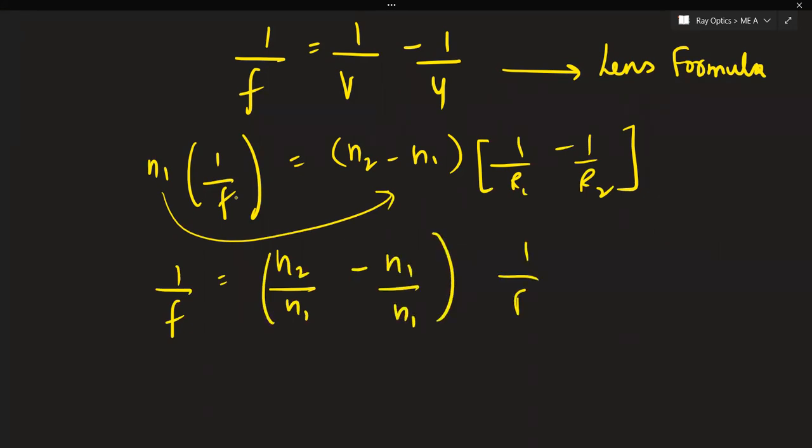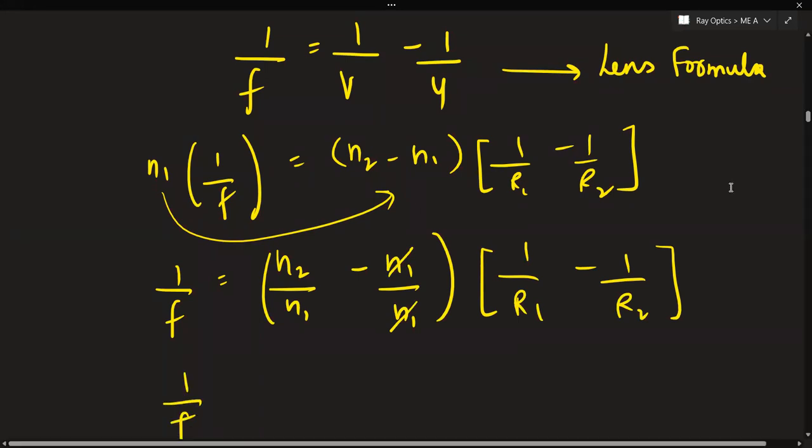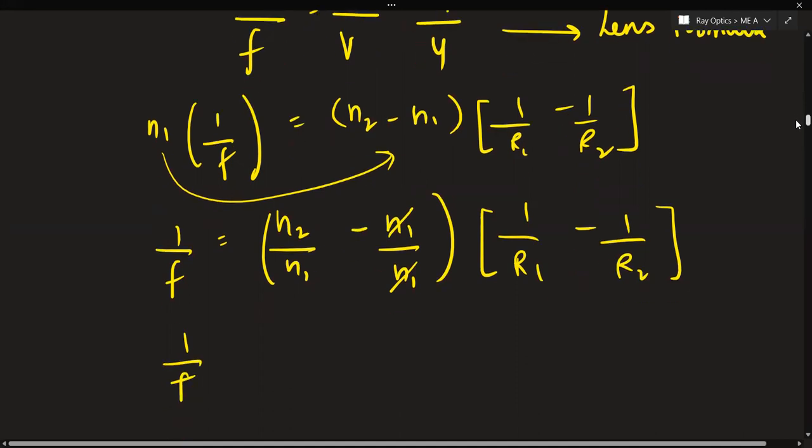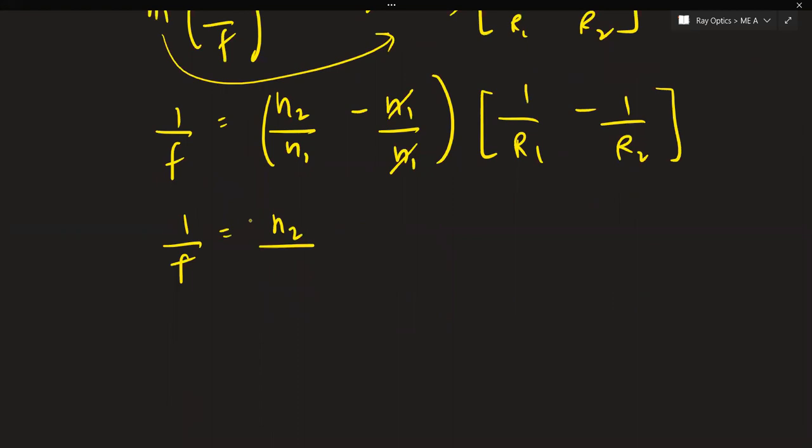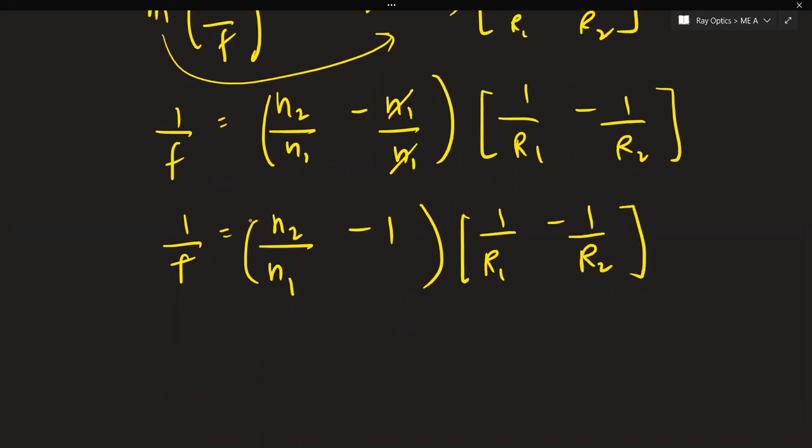That's it. Then we are left with 1 by R1 minus 1 by R2. See class, both of these will get cancelled. So what are we left with? n2 by n1 minus 1. Here we are left with n2 by n1 minus 1, 1 by R1 minus 1 by R2.